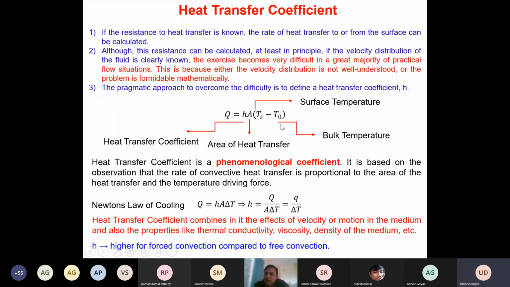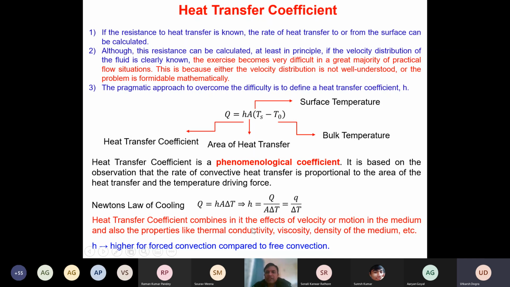So Newton's law of cooling is based on the fact that the rate of heat transfer is proportional to the change in temperature. And the proportionality constant in this case is h. All right.